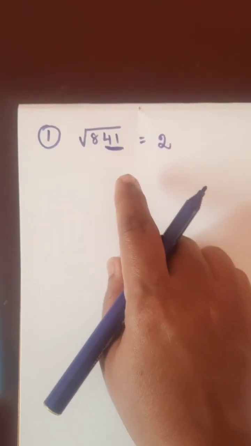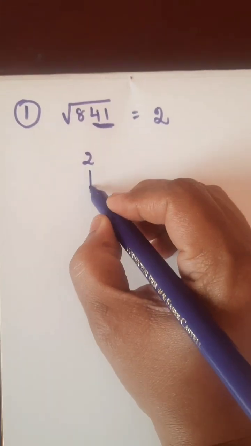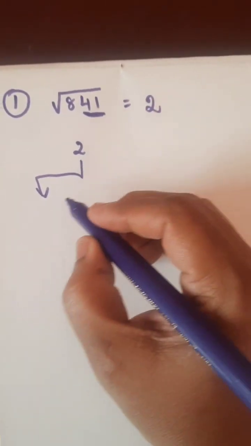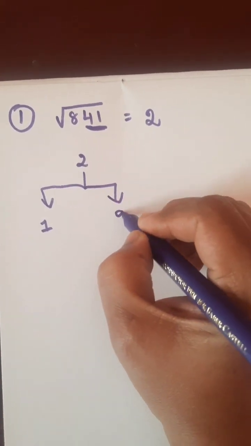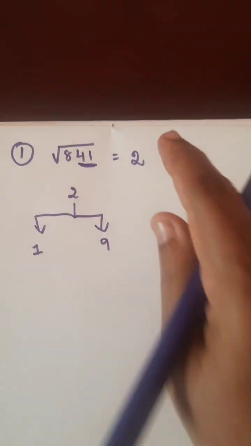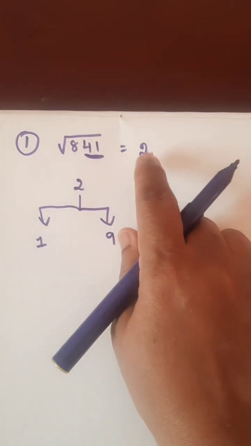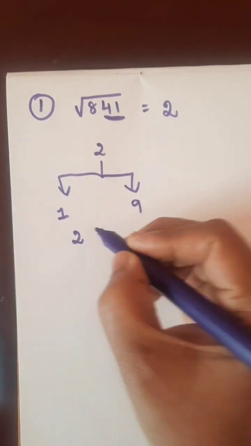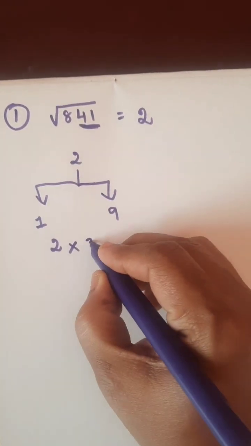Now 2 is fixed. The last digit is 1, so the root could end with 1 or 9. How to find out which? We take this 2 and multiply it by the next number, which is 3.